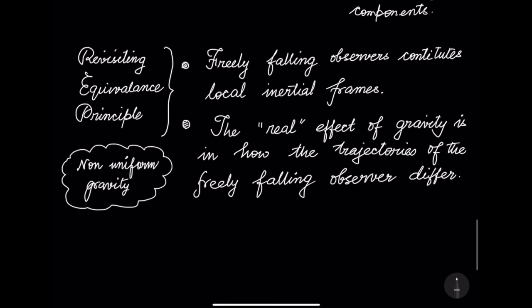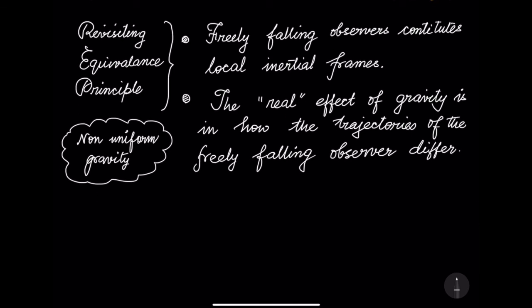But if there is gravity which is changing from space to space, I cannot do this. So what we will do first is to look at the effect of non-constant or non-uniform gravity in the Newtonian framework. So, effect of non-uniform gravity.